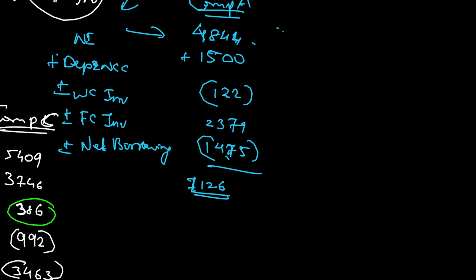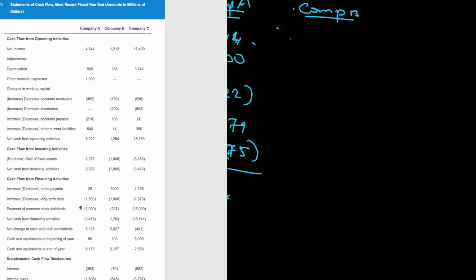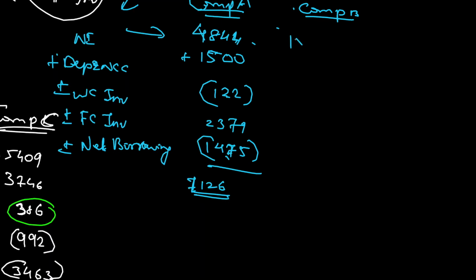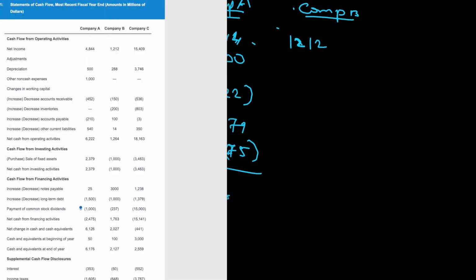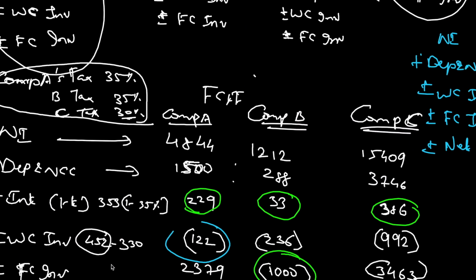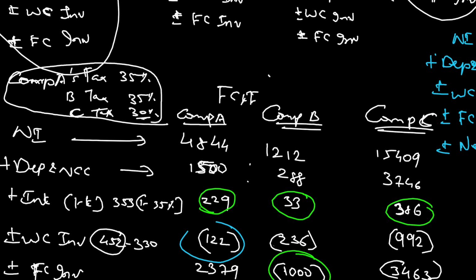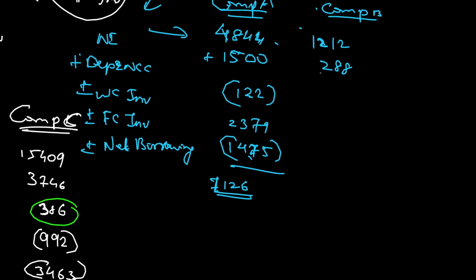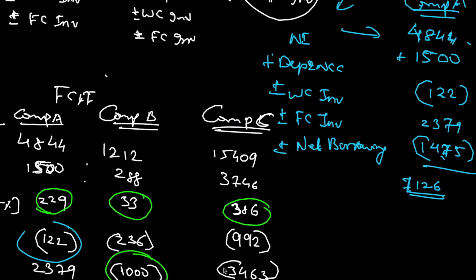Okay. Now similarly, let me calculate for company B also. So company B net income 1212, then depreciation 288. Working capital investments, I can pick it directly from here, 33.